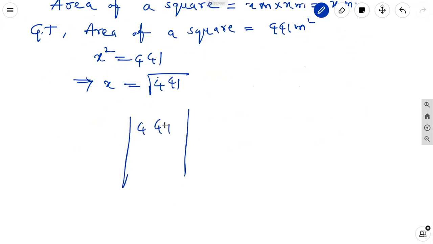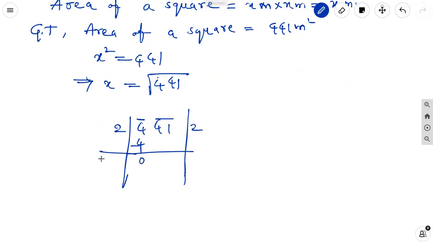For 441, in the division method, make pairs from right to left. The one digit is 1 bar. For 4, the nearest perfect square is 2, 2 times 2 is 4, subtract, 0.